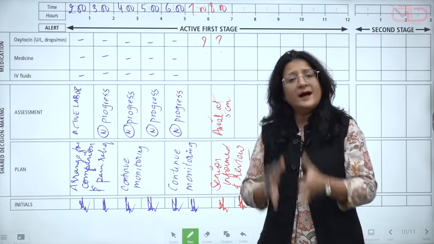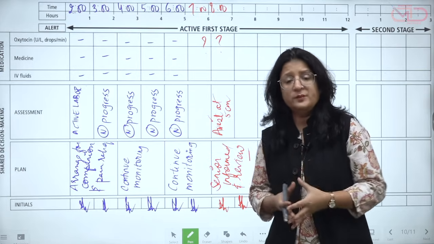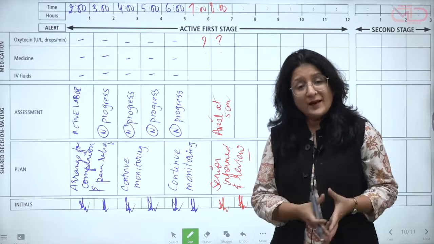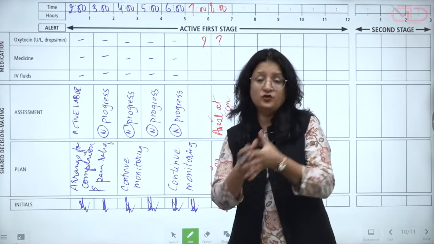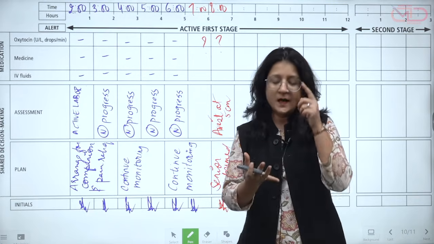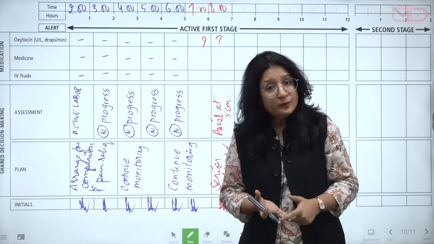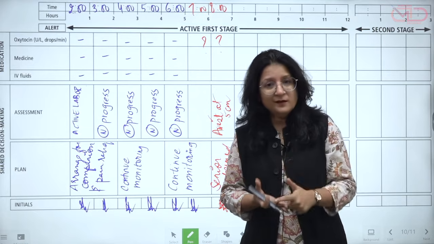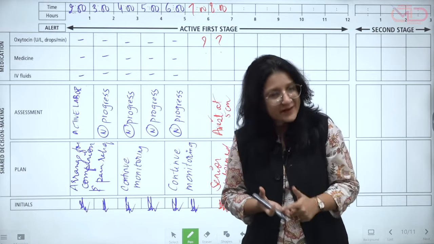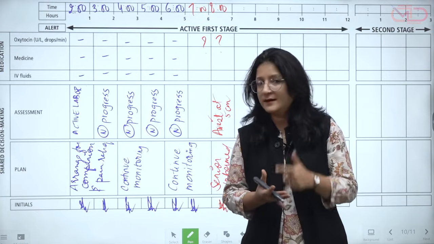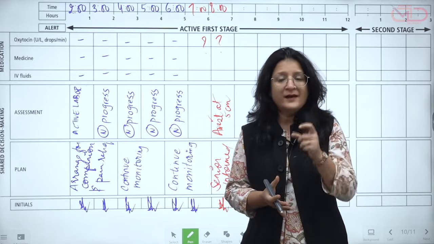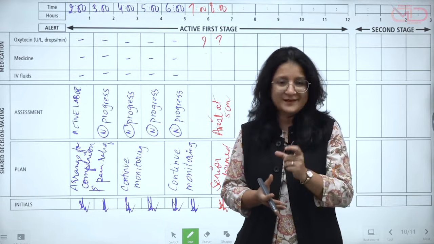So an entire graphical record of the patient's progress as well as maternal and fetal well-being during the course of labor is monitored and documented. Specific alert thresholds are predefined. There is no alert line, there is no action line, there are alert thresholds that are defined.